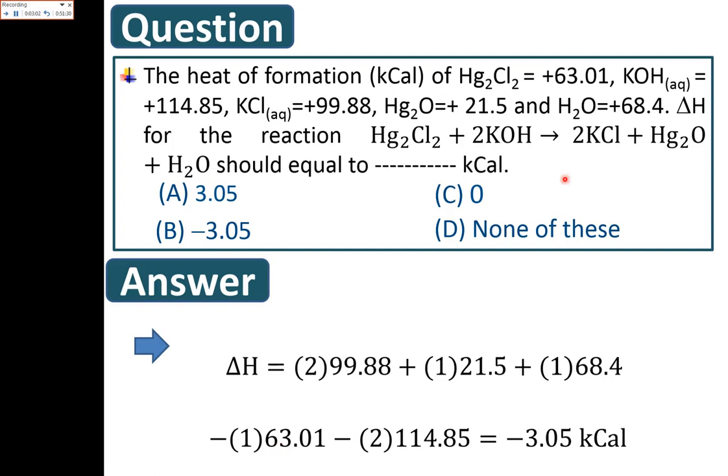This is the 63 for mercurous chloride, and this is for potassium hydroxide here, and we multiply by 2 because the equation has a coefficient of 2 here. So overall the value will be minus 3.05 kilocalories. So the answer should be number B. So everything is correct, no problem.